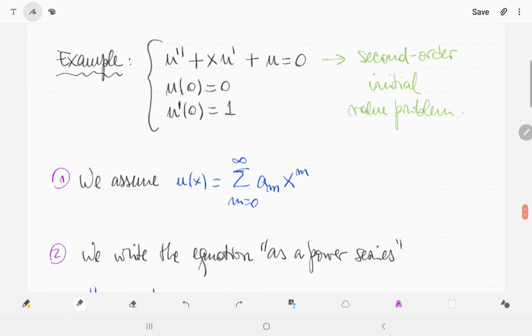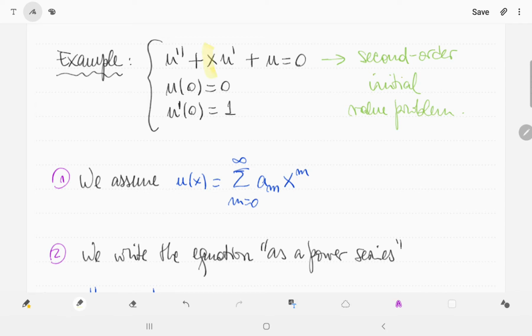We have a second order equation because here we have a second derivative. And we have an initial value problem, we have these initial conditions. And okay, here there is a 1 next to the second derivative of u, there is a 1 next to u, but there is an x here.